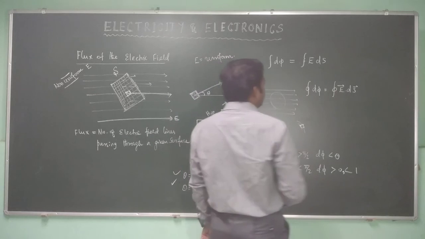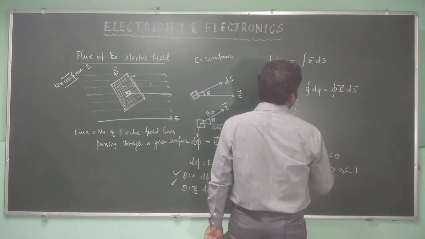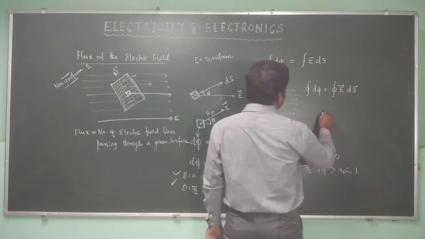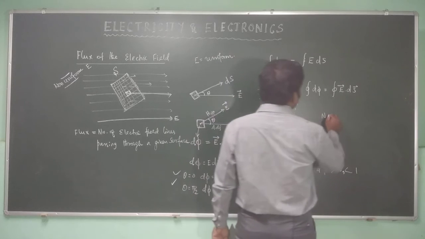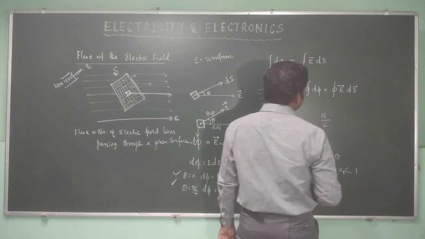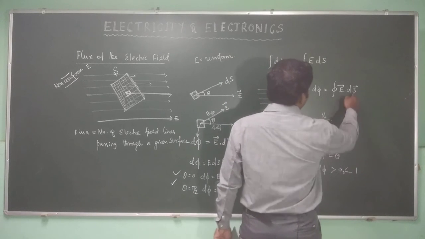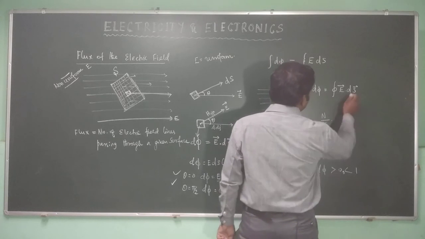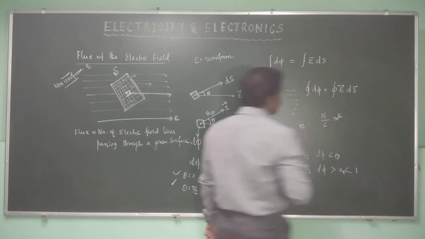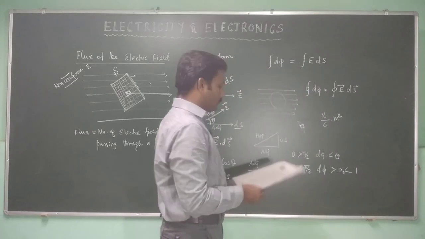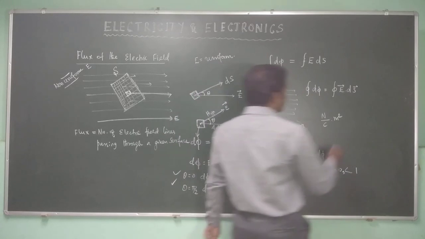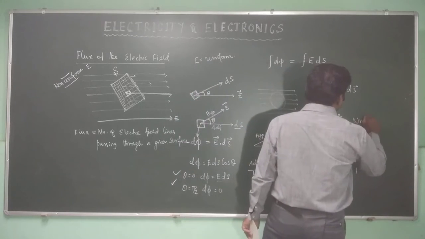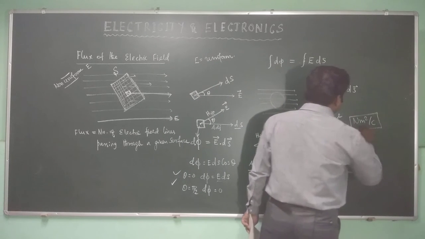Now, what is the unit for that? The unit for E is force per charge, Newton per Coulomb. And for the area component, it is meter square. So the unit will be Newton meter square by Coulomb.